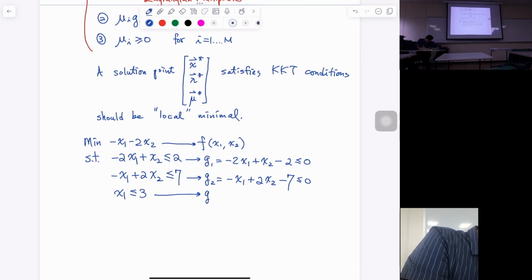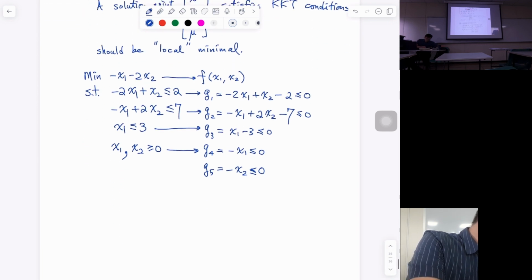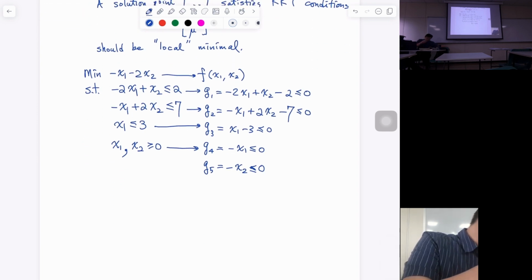And this will be my g3, x1 minus 3 smaller than 0. And in fact, we do have these two rules. So that means I have a g4 that is negative x1 smaller than 0 and g5, negative x2 smaller than 0. Okay? So if I need to check all these, I need to formulate into this standard format.